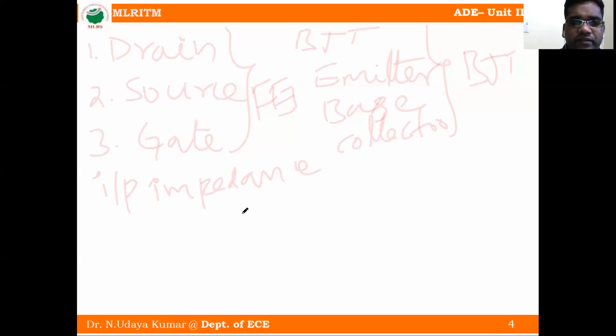Input impedance is high for FET, and input impedance is low for BJT.